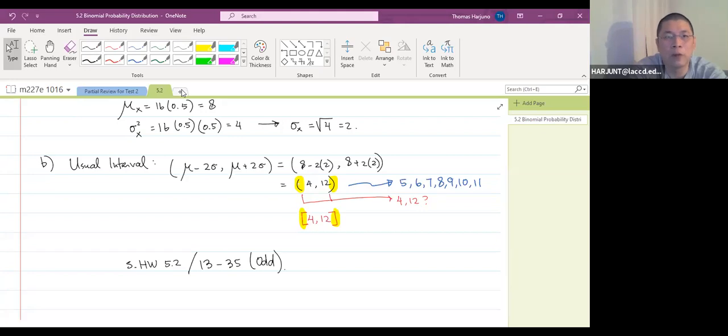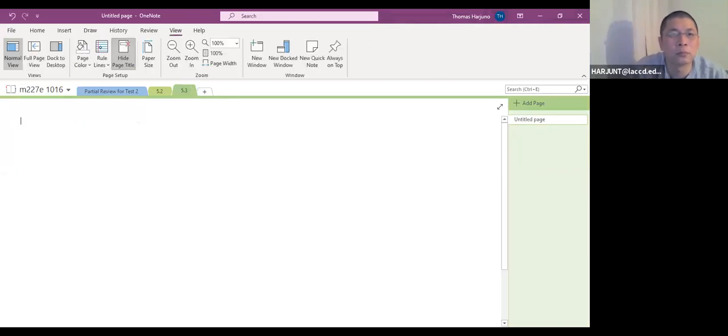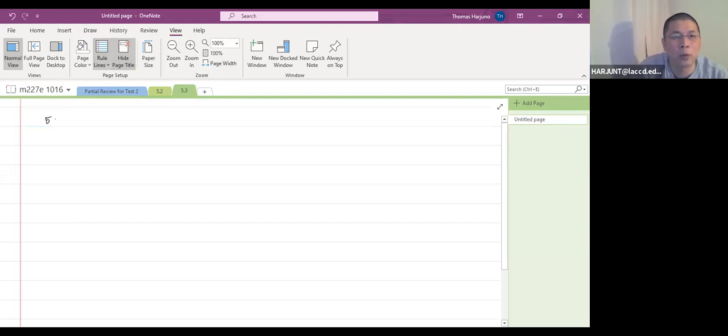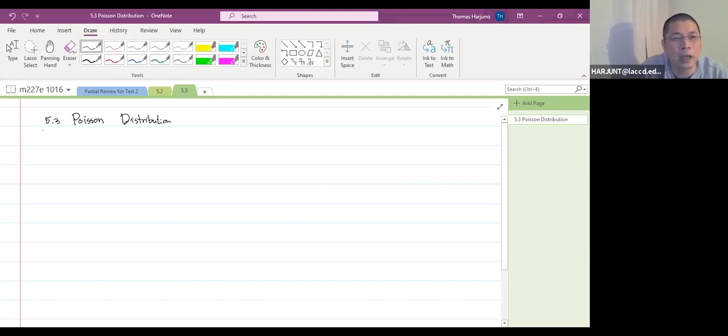I will go on to 5.3, Poisson distribution. Now, in the past, I did not have a chance to teach Poisson distribution in my class until around 2 years ago.